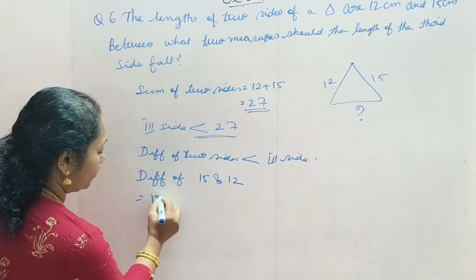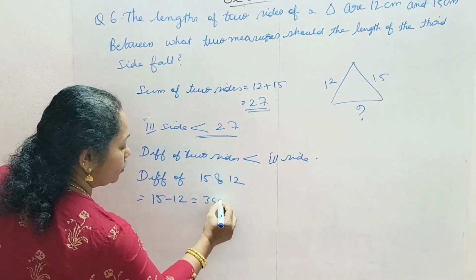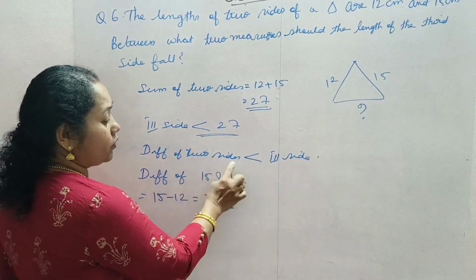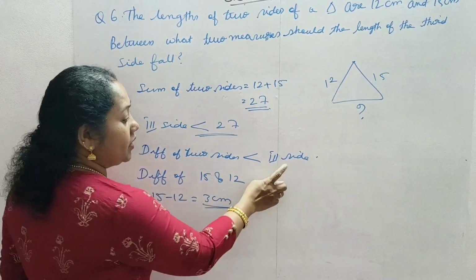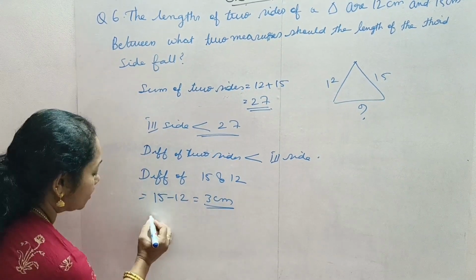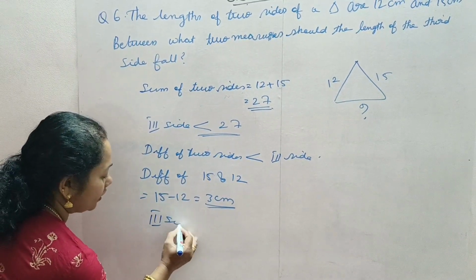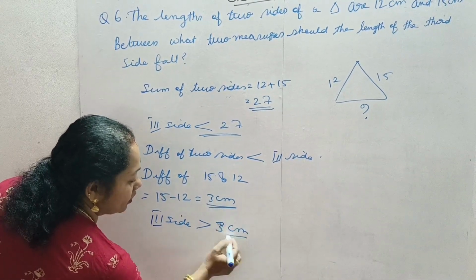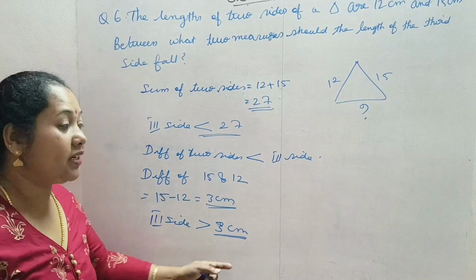That is 15 minus 12 is equal to 3 centimeter. So the difference of two sides is less than the third side, which means the third side is greater than 3 centimeter.